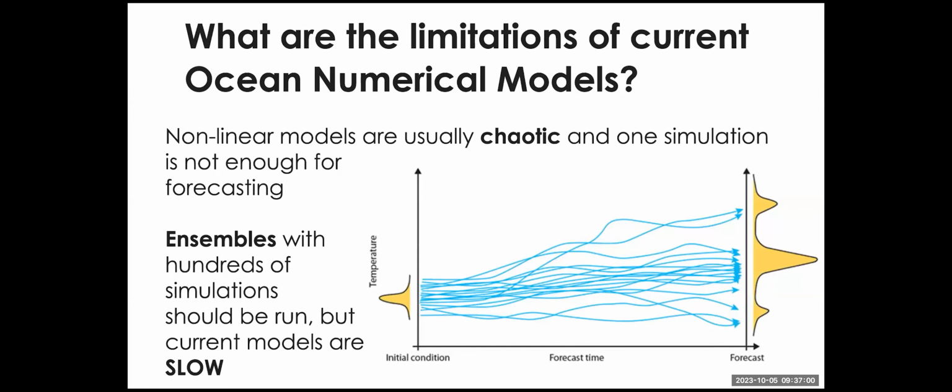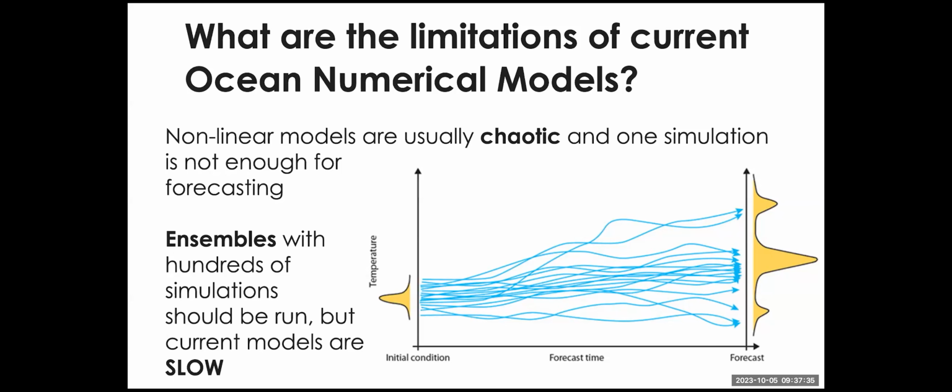There is another limitation of current ocean numerical models, which is derived from the fact that they are slow. So I want to talk a little bit about the problem of nonlinear models like this. They are usually chaotic, meaning that even if we have almost perfect initial conditions and boundary conditions and equations, even if all that is perfect, we can have very different results by just changing those things slightly.